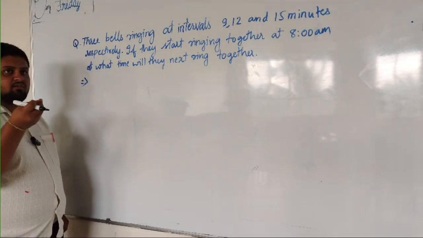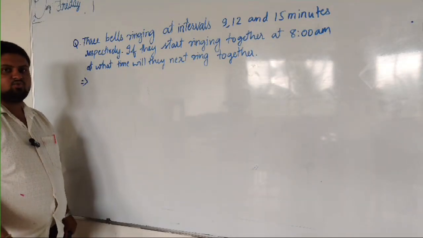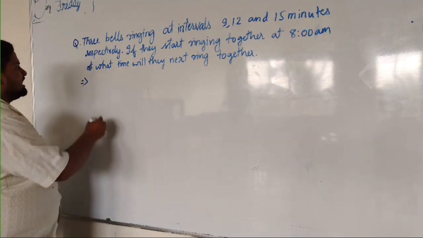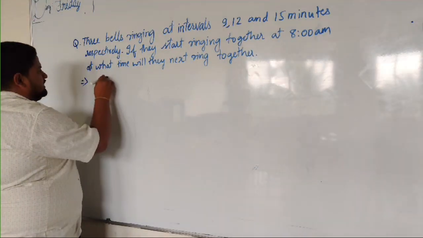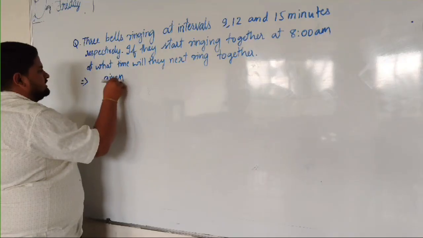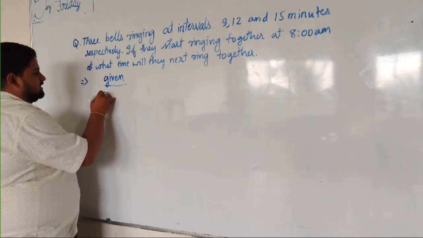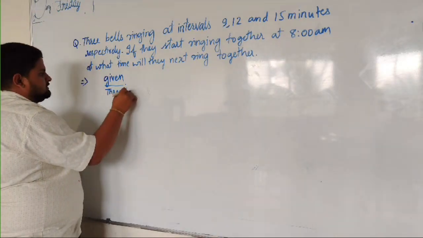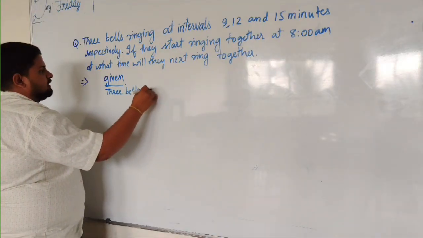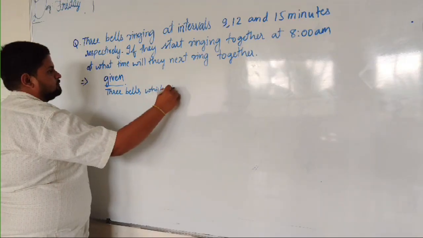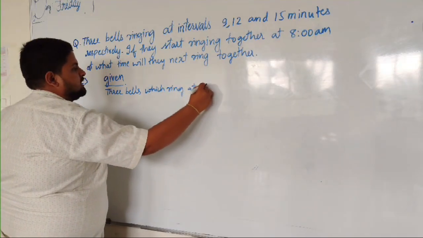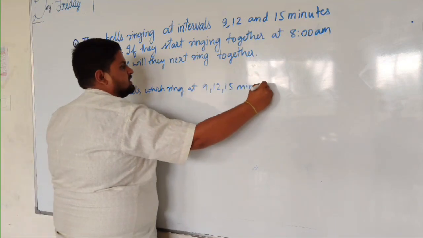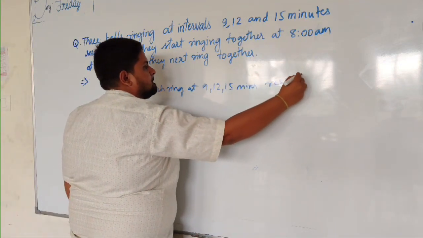If you find such questions in 2 mark, 3 mark or competency based questions, you will have to write it stepwise. So let us write what is given in the question first. Given: there are 3 bells which ring at 9 minutes, 12 minutes and 15 minutes respectively.